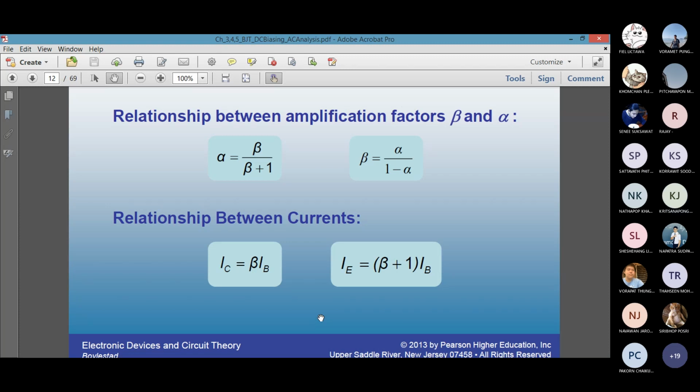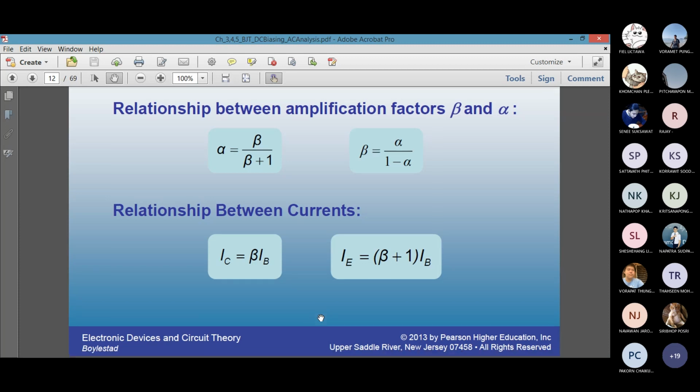Is the BJT a current control device or a voltage control device? What is the controlling parameter of the BJT? Can you answer? It's a current control device. In case you forgot, which is very obvious.